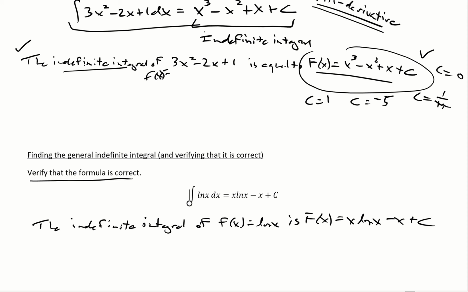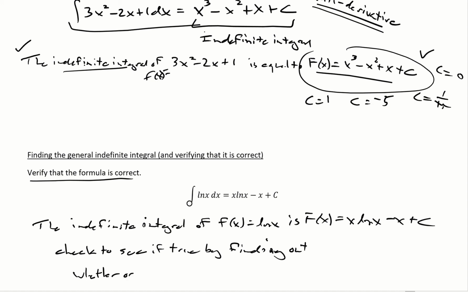Well, if you're an antiderivative, we're going to check to see if it's true by finding out whether or not, a lot of times English is necessary, f prime of x is equal to little f of x.